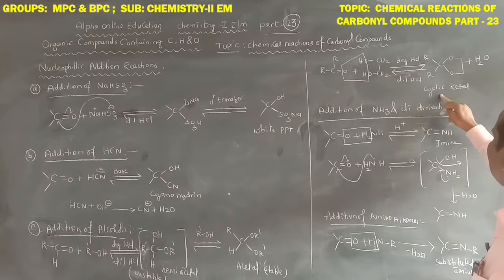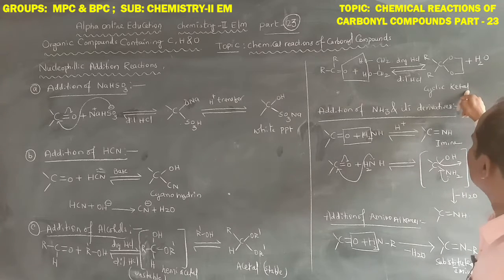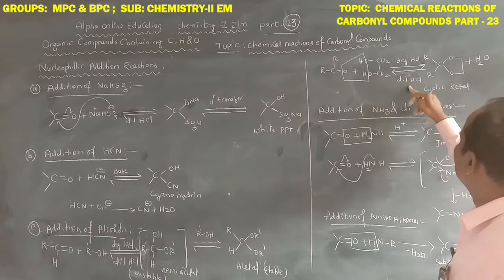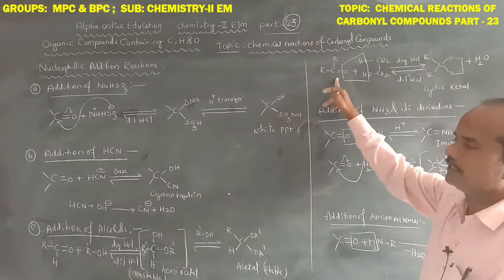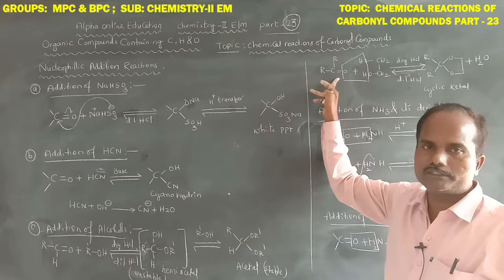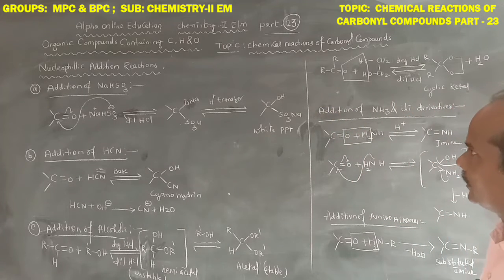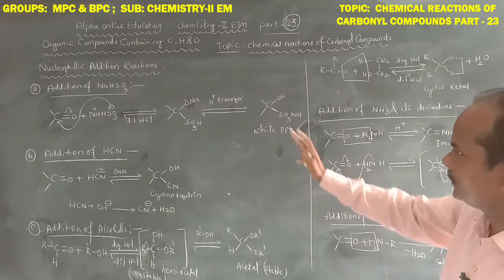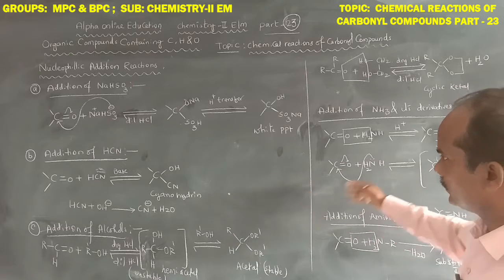As a result, a cyclic ketal is formed. Then this cyclic ketal, when mixed with dilute HCl, can open and form the ketone. So this is also a reversible reaction. In general, nucleophilic addition reactions are reversible reactions.